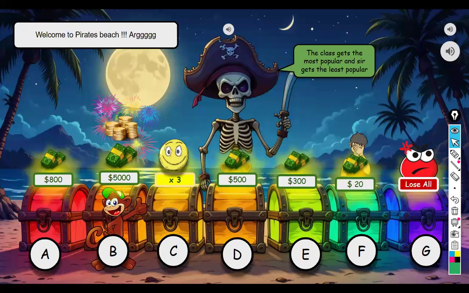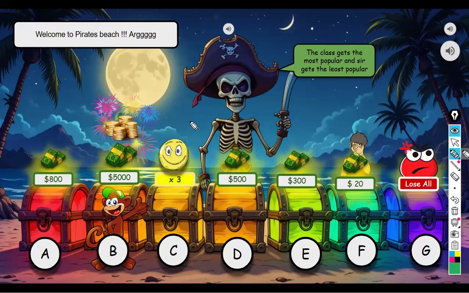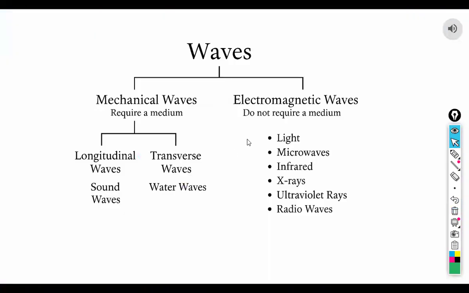You lose all the money that you had, but you had $0. So when you lose the $0, you'll end up with 0. So far, guys, I am ahead. C is what you call multiply by 3. Whatever money you had, you would multiply by 3. So if you had like $200 before, you would have $600. So I'm ahead. Don't worry. Hopefully you guys will be ahead of me in the next room.